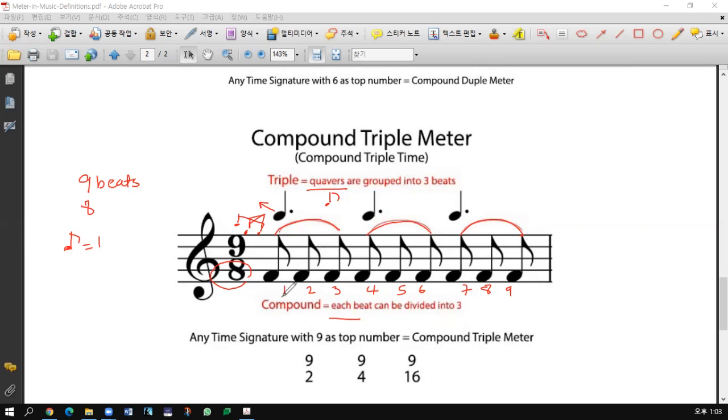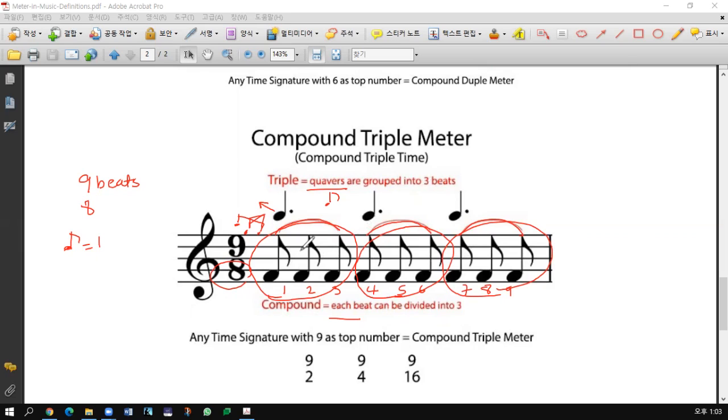And then this 9. Nine quavers are grouped into 3 bits. So this is compound triple meter. Okay, so you can count this one like 1, 2, 3, 4, 5, 6, 7, 8, 9.